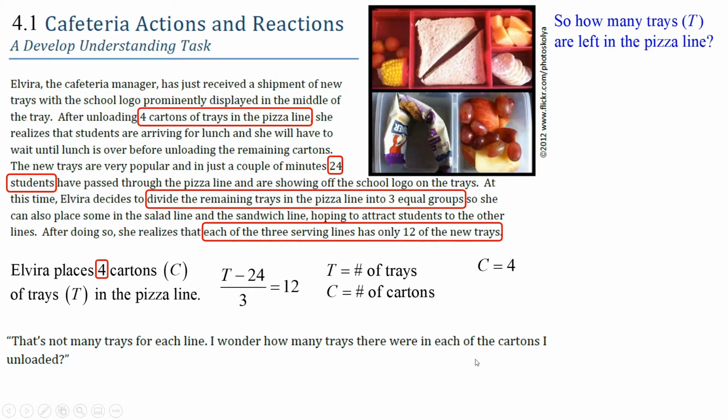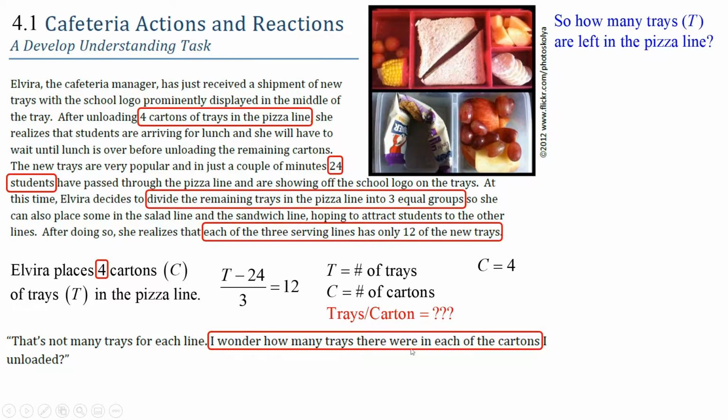That's not many trays for each line. I wonder how many trays there were in each of the cartons I unloaded. That'd be something kind of important to know. So if we took this equation and solve for T, wouldn't we have the number of trays in each carton? So trays per carton, here we go then.